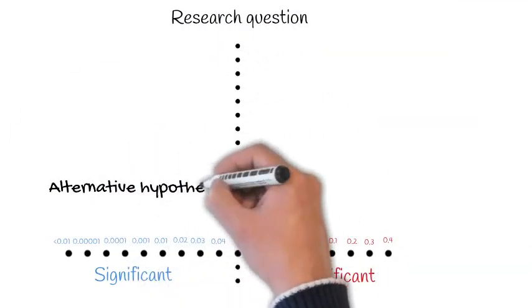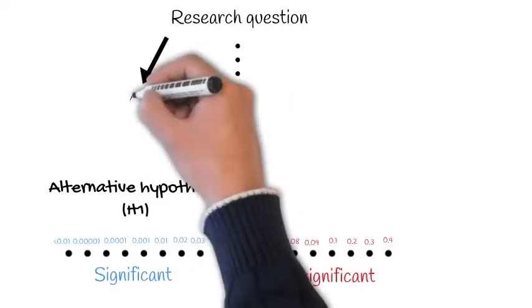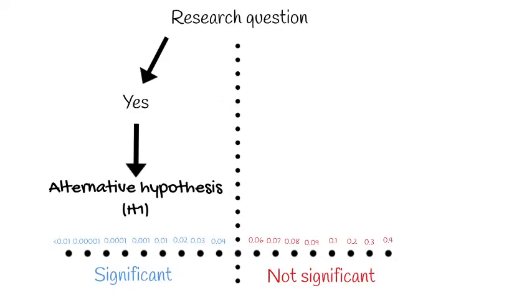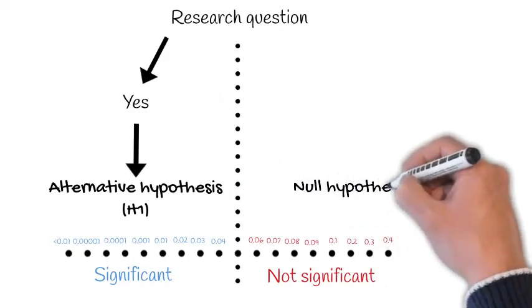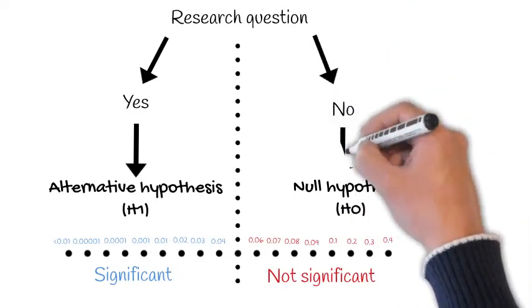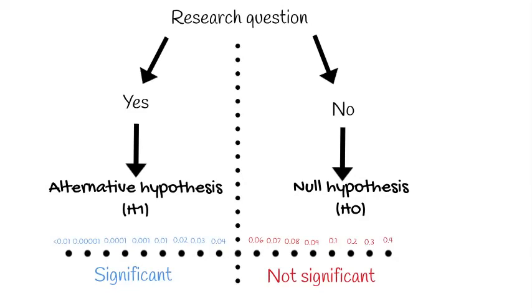The alternative hypothesis is the one you derive when the answer to your research question is yes, which is the one you will write in your research conclusion if you get a significant p-value. The null hypothesis is the one you derive when the answer to your research question is no, which is the one you will write in your research conclusion if you get a non-significant p-value.